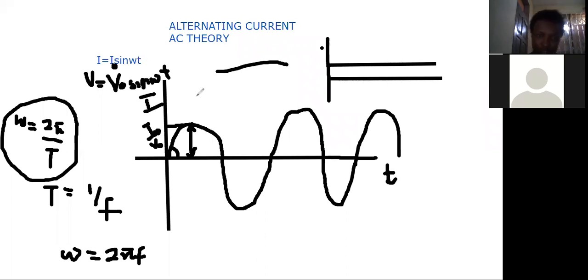And so instead of I equal to I naught sine omega t, we can also get I equal to I naught sine 2 pi f t.